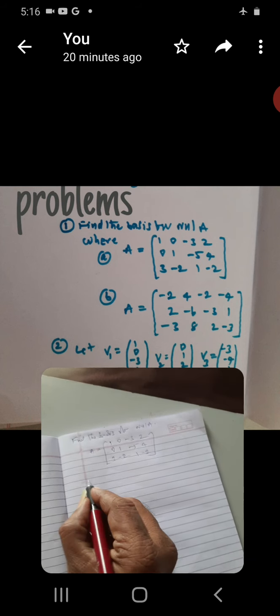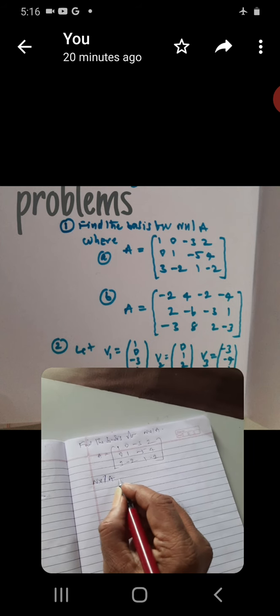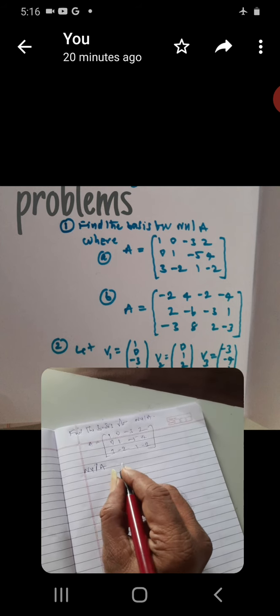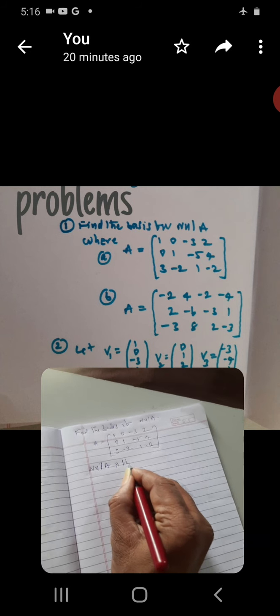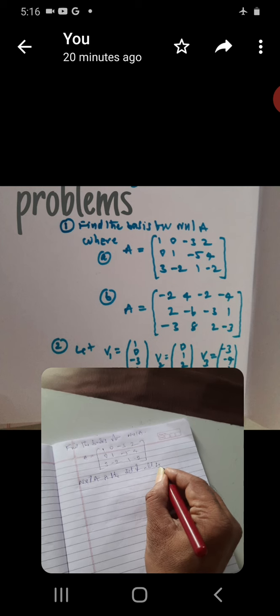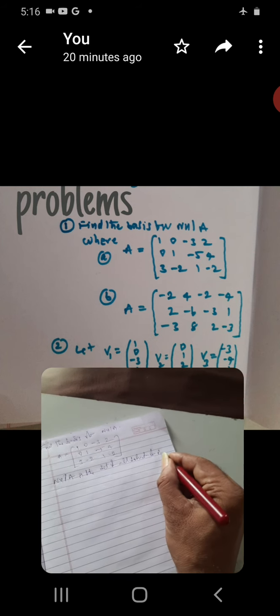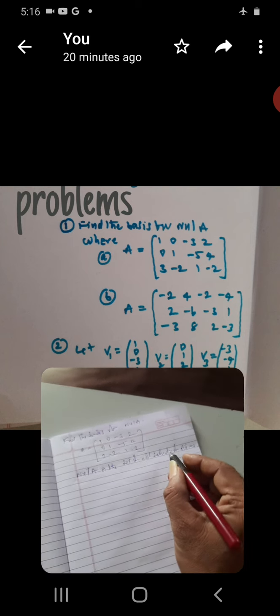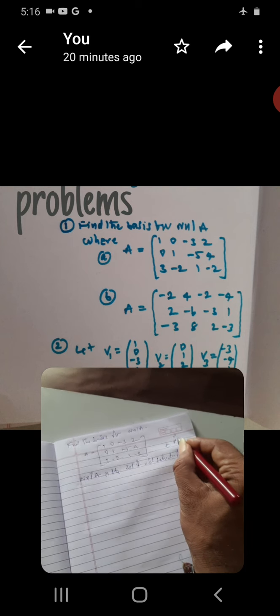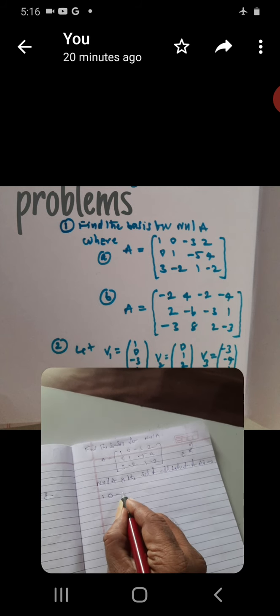Now, Null A is the set of all solutions of Ax = 0. This is a subspace of R^n. You write our A: 1, 0, -3, 2; 0, 1, -5, 4; 3, -2, 1, -2.